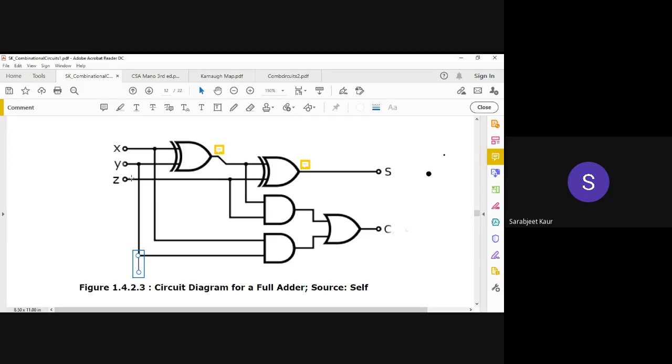So this is z. I'm going to borrow it from here. I'm borrowing z from here, okay? And then we will AND them, so that I get a yz.